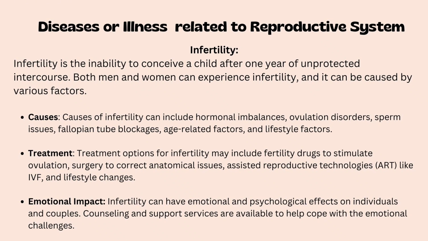Causes of infertility can include hormonal imbalances, ovulation disorders, sperm issues, fallopian tube blockage, age-related factors, and lifestyle factors. The treatment for this may include fertility drugs to stimulate ovulation, surgery to correct anatomical issues, assisted reproductive technologies like IVF, and lifestyle changes.